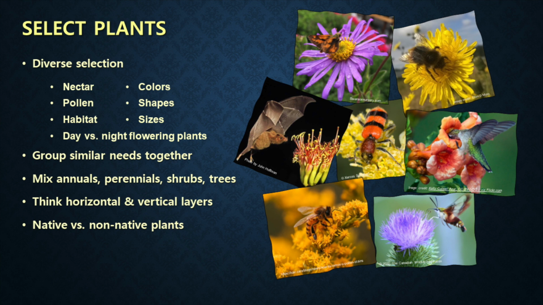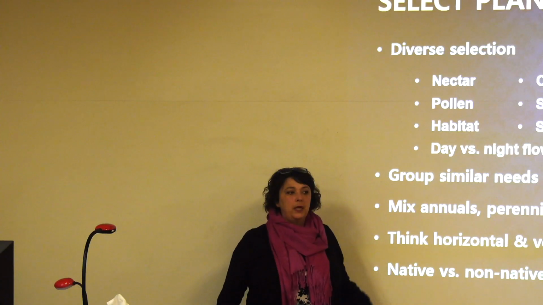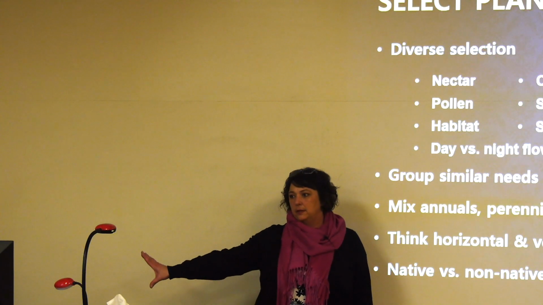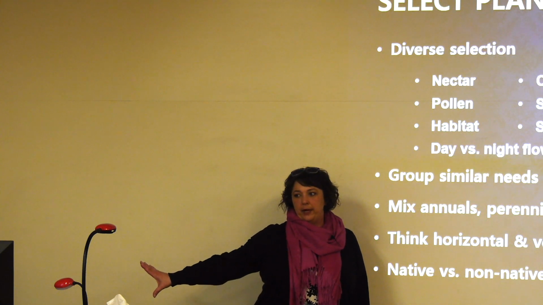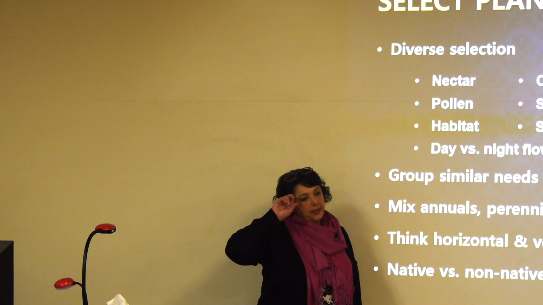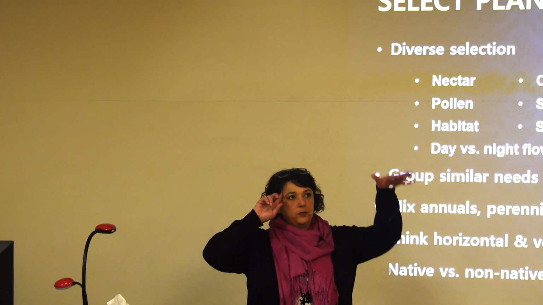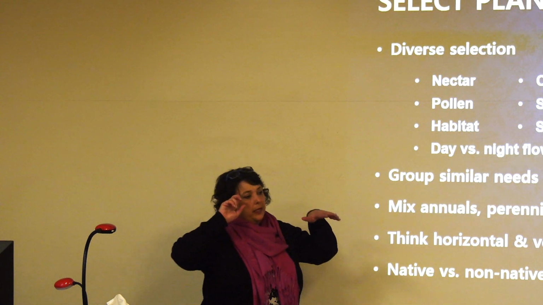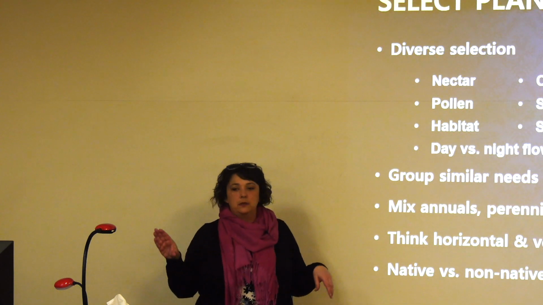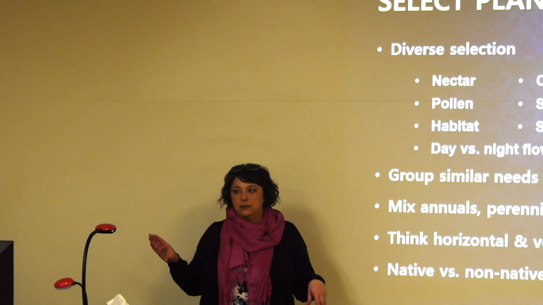We tend to think, and I fall into this category as well, that we should only think about horizontal layers, what it looks like when I'm looking at my pollinator garden. But think about how you can add those vertical layers too. Insects don't just think in a horizontal pattern.